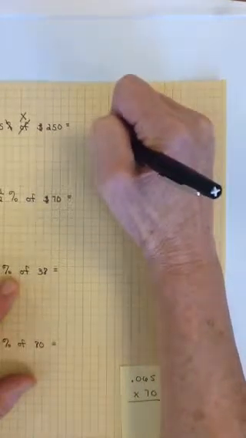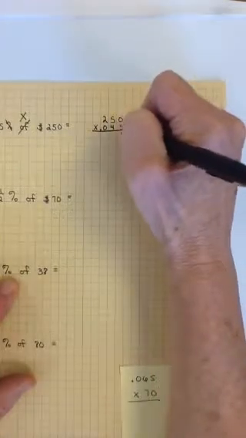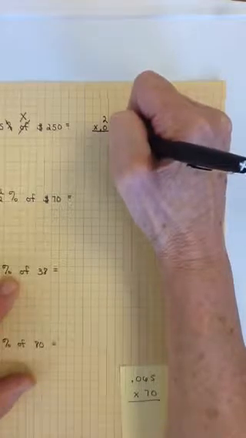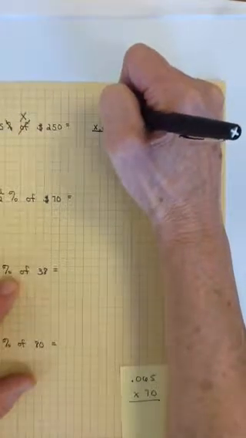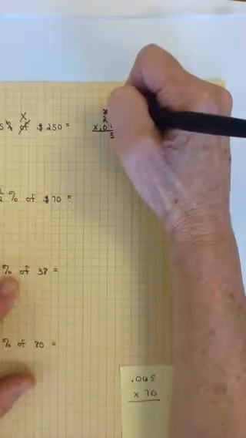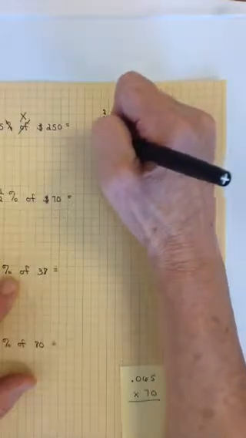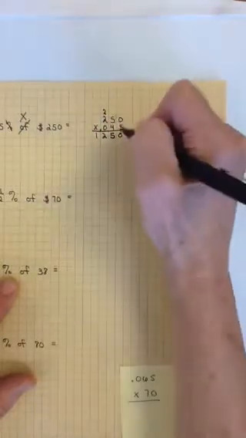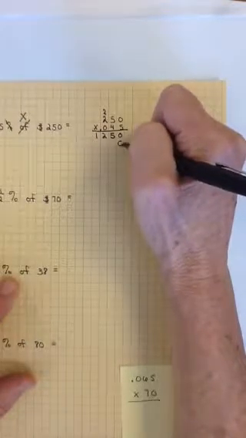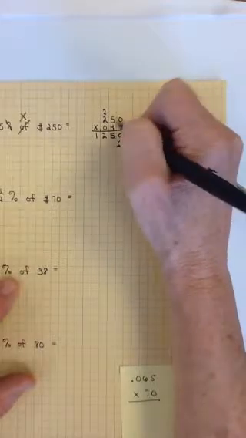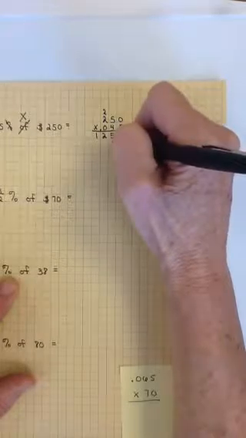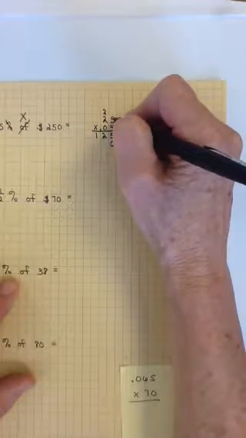0.045. 5 times 0 is 0. 5 times 5 is 25. I put down the 5 and I carry the 2 over the next place. 5 times 2 is 10, plus 2 more is 12. Moving down to the next line, I put a 0 placeholder, and then I start multiplying with the 4. 4 times 0 is 0. 4 times 5 is 20.